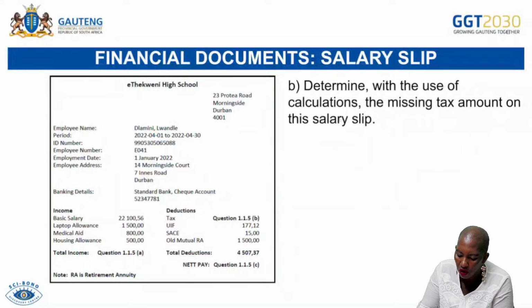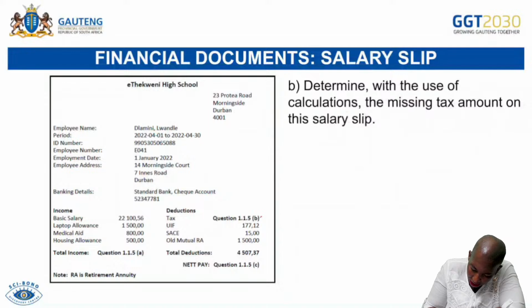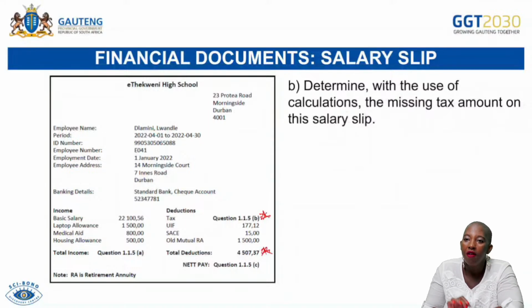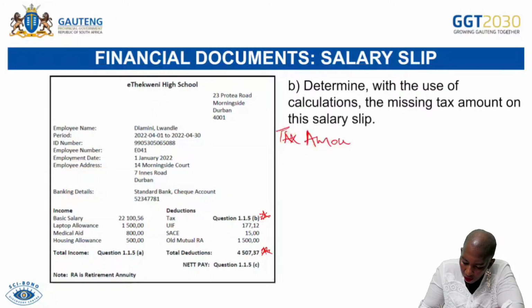It says determine with the use of calculation the missing tax amount on this salary slip. So now the missing tax amount, boys and girls. Here's a missing tax amount, and then this is the total deductions. For me to get the tax amount, it's so quick. Then I can say the missing tax amount is equal to 4,507 rand 37.